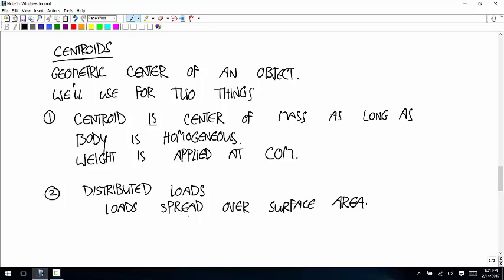And so that's the subject of distributed loads, figuring out where to apply that point force. And that's the second thing that we'll use centroids for. So we need a way to treat these as point loads. And it ends up being that the point load acts at the centroid of the distributed load.